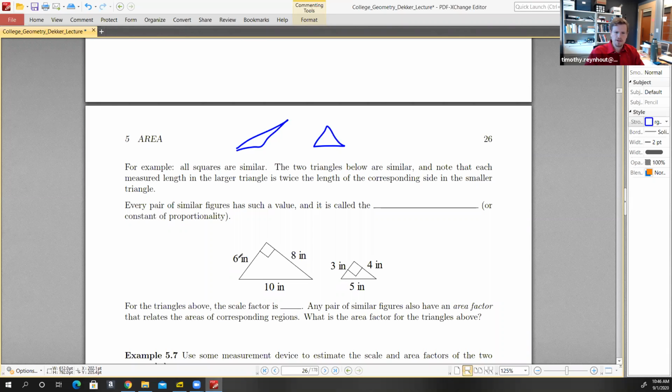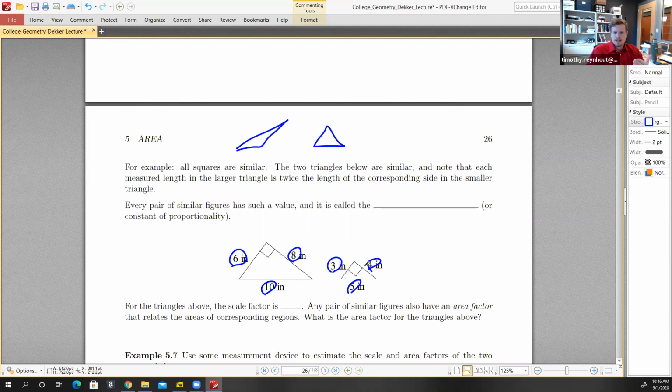So notice here that I can get this side length by doubling this side length, and I can get this side length by doubling this one, and I can get this one by doubling that one. So we've doubled all of the side lengths.